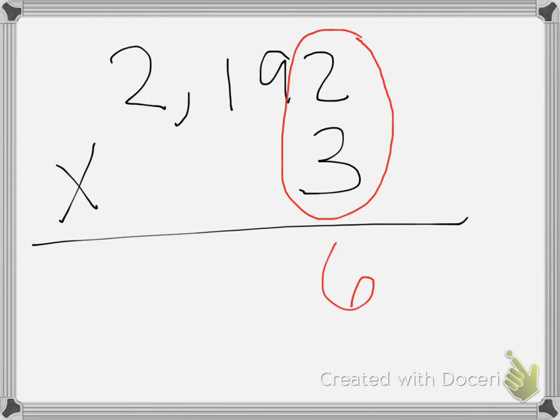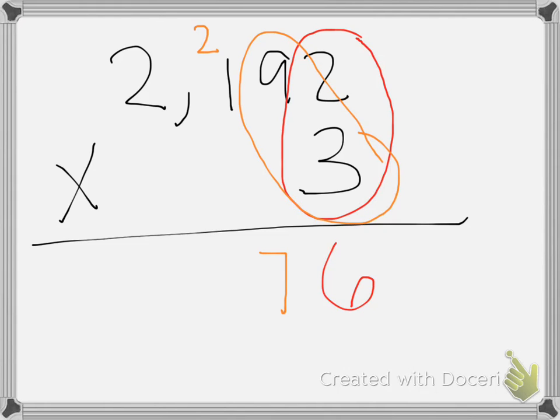Our next step is the tens. 3 times 9 tens is 27 tens. I don't have any extras to add, so I'm going to write a 7 below the line underneath the 9 and carry the 2 extra hundreds above the 1.